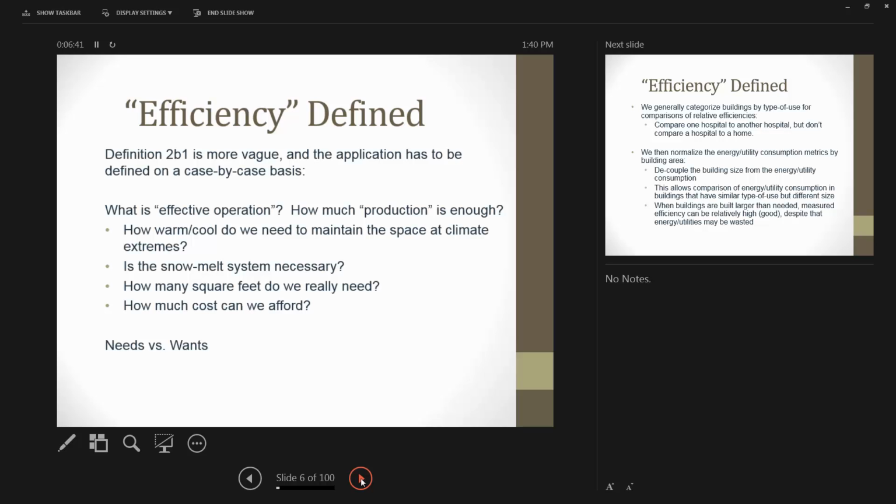If we have a snowmelt system on the house that's 95% efficient, just the fact that we have a snowmelt system could potentially be a waste of energy. So it doesn't matter how efficient the component is, it's the overall system's efficiency. The same thing with some of the larger houses, and it's certainly a discussion we could spend a long time on, but a 10,000 square foot house for two people might have extremely efficient equipment in it, but is it really an efficient use of the resources?